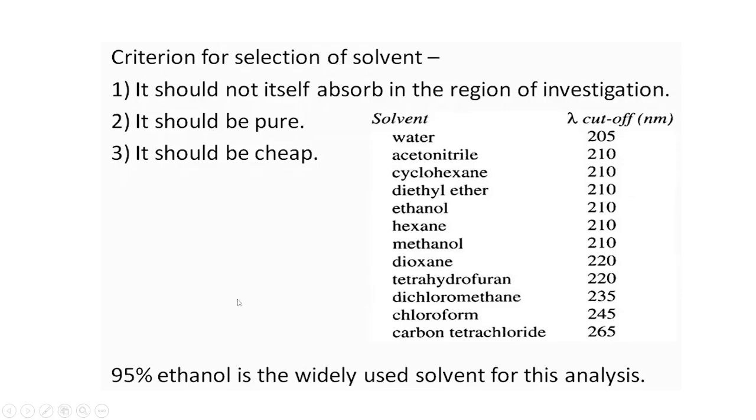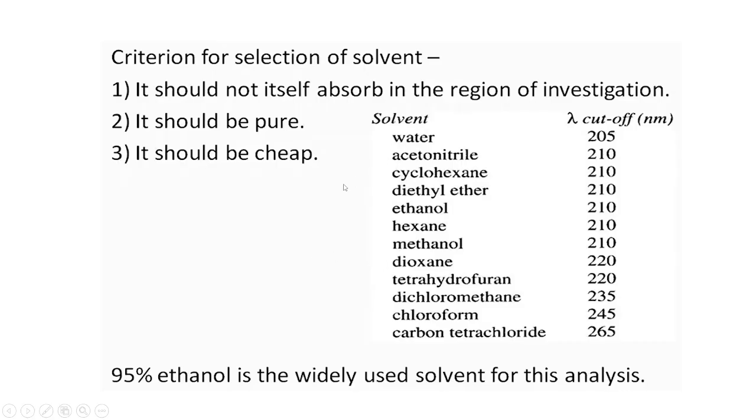And now, the criteria for the selection of the solvent for UV visible spectroscopy: it should not itself absorb in the region of investigation. That means absorption will not occur. As well, the solvent should be pure and it should be cheap.